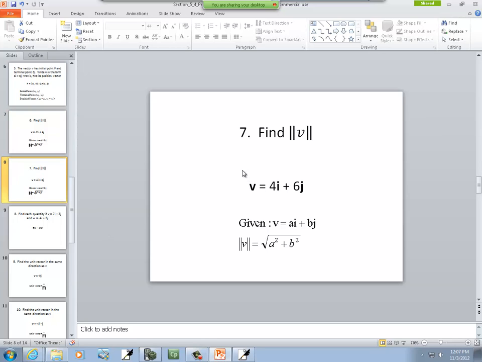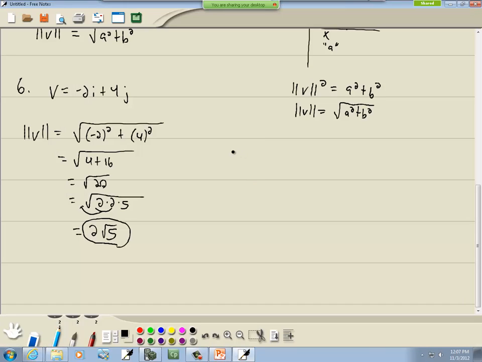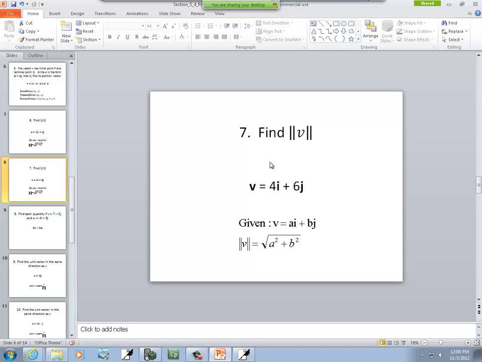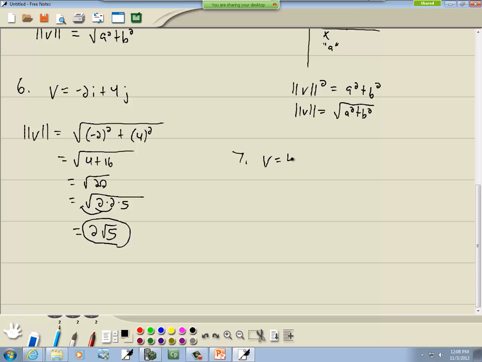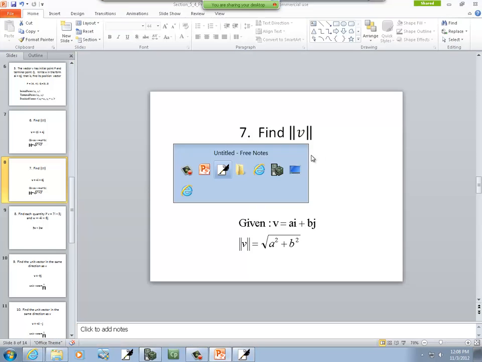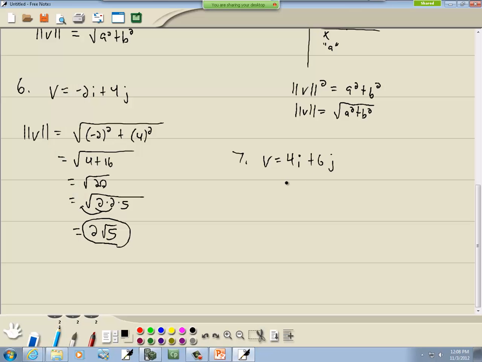Let's take a look at another one. We have v equal to 4i plus 6j, and I want to find the magnitude again. So it'll be the square root, and we're just using this formula here.